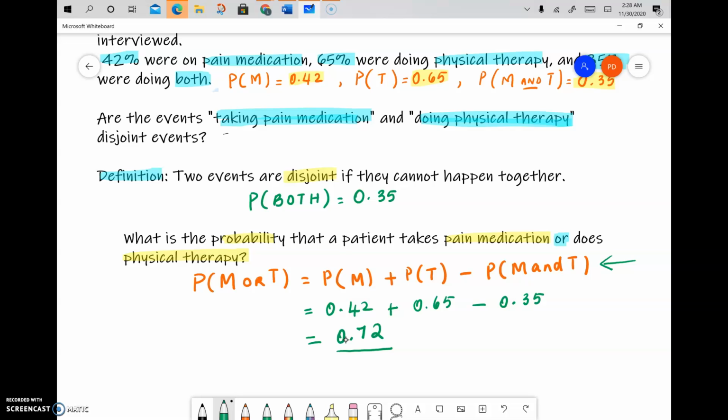So the reason why we subtract the overlap is because the overlap gets counted as part of M, and the overlap gets counted as part of T. So we've counted the overlap twice, so the addition rule subtracts it off, so that way we haven't counted the overlap twice. Now this same question can be answered using a Venn diagram.